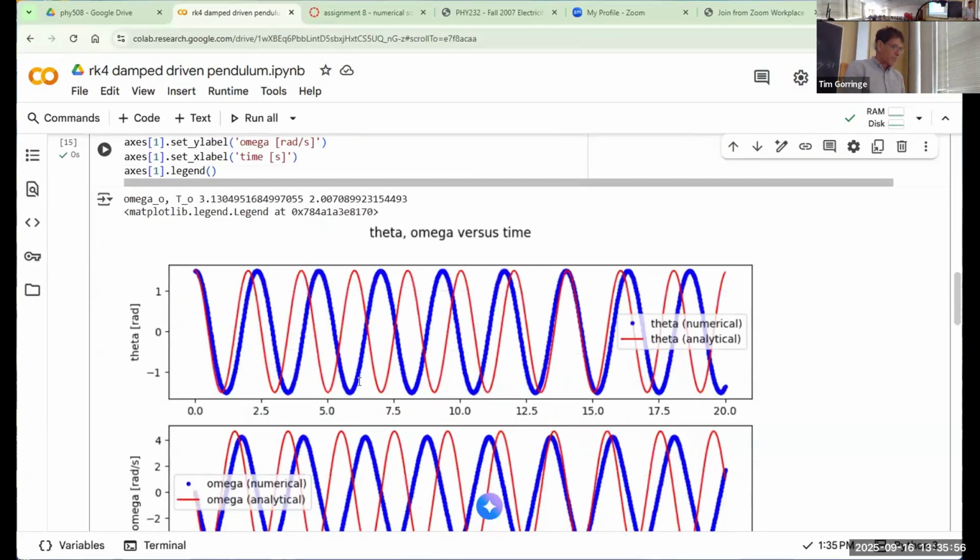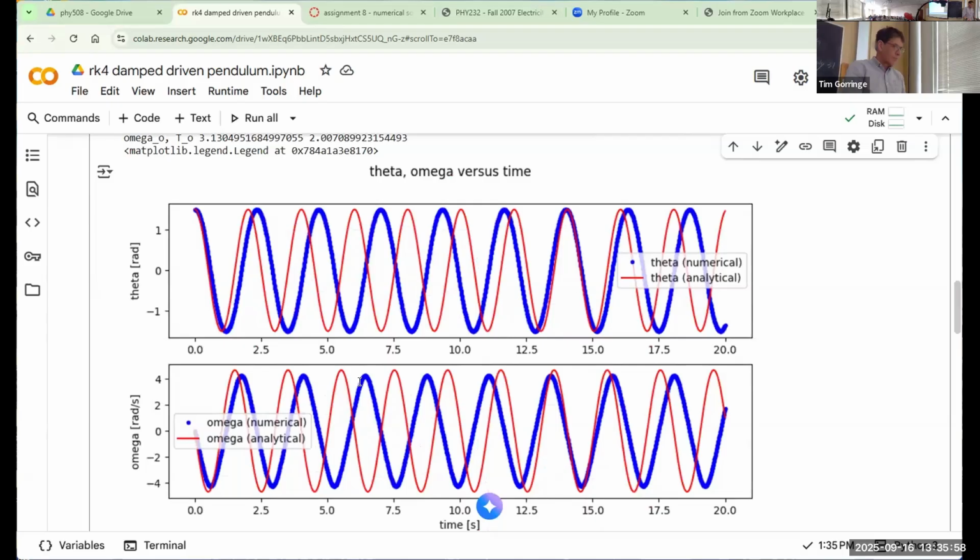And again, you're seeing that you've got an even greater difference in the periods here than we had in the previous case. It's hard to see on here, but the curves are no longer perfectly sinusoidal for the numerical calculation.